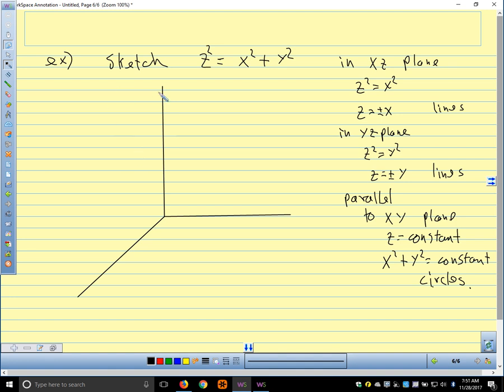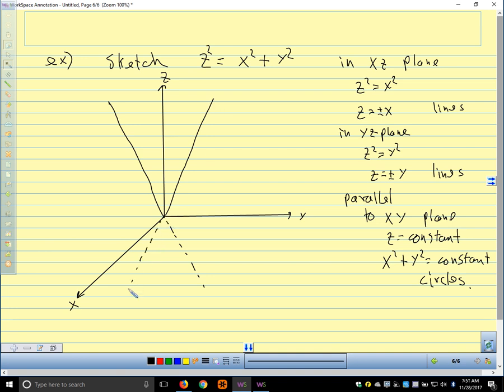All right, so in the xz plane, we get lines. So we get a line going up this way, and we get a line going down below as well. And we get a line going this way, and a line going down below. In the yz plane, we also get a line. I'm not going to draw the other line, but these lines are connected by circles.